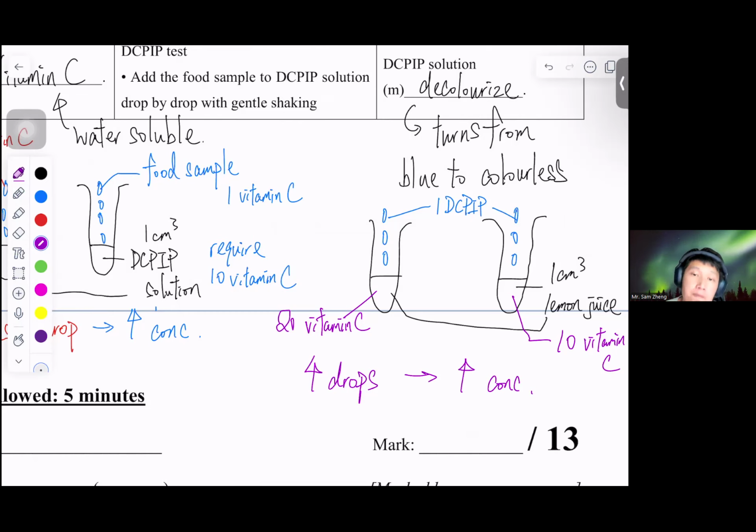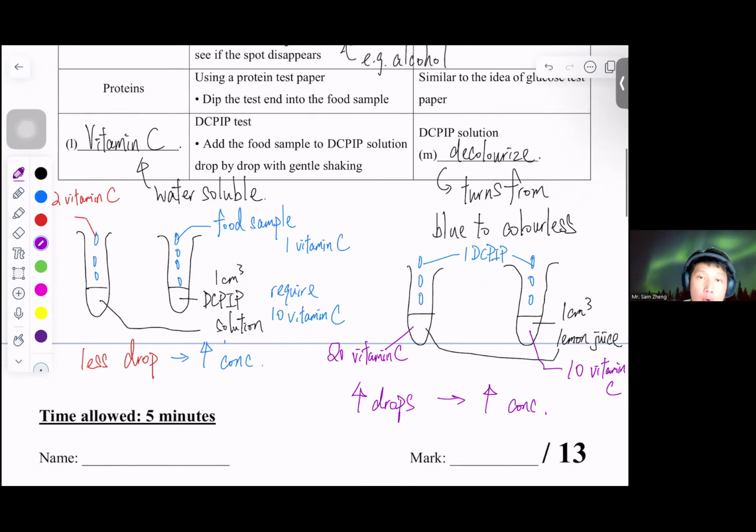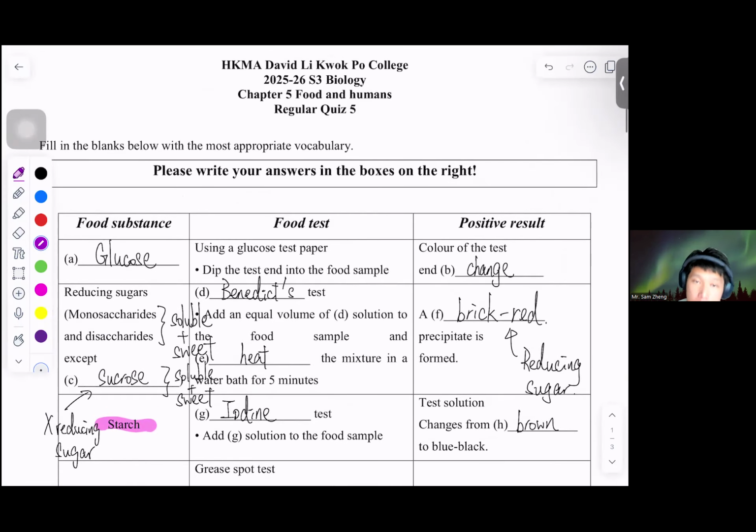I hope this can solve your misconception related to the test. Is it okay? If there are no other questions, please take out your textbook.